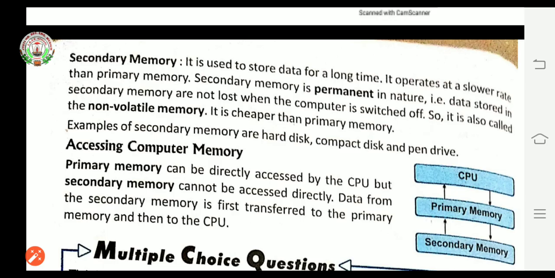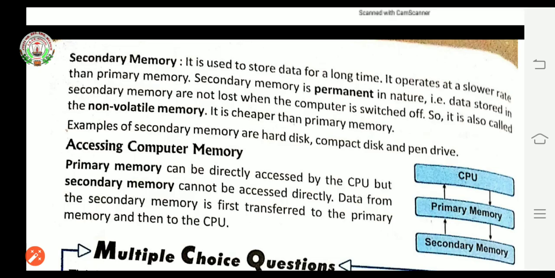But this secondary memory is permanent in nature. Means this is not temporary. Suppose you have stored some data there and after that you have switched off your computer. That particular data will remain there in your computer system. When you switch it on, you will easily find that data there in the computer system.